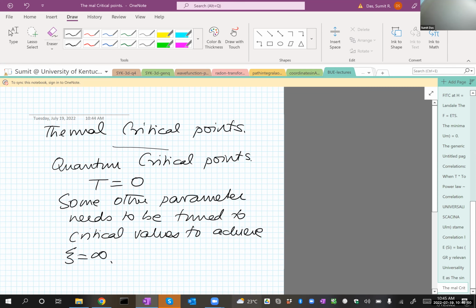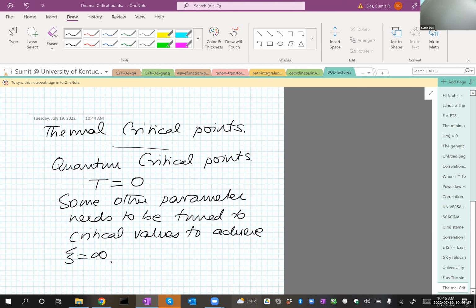Now, even though the origin of criticality is different for thermal and quantum critical points, the physics is pretty similar. And the main element of the physics which we are going to use is the fact that the correlation length diverges, and if the critical point is what is called an ordinary critical point, there is only one length scale which determines the physics, and therefore things are determined by dimensional analysis.